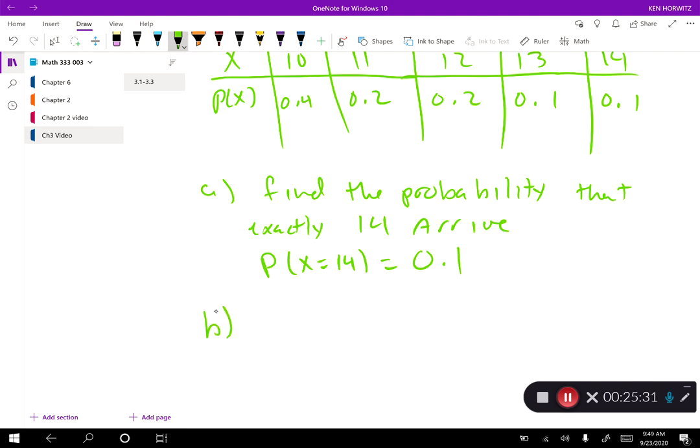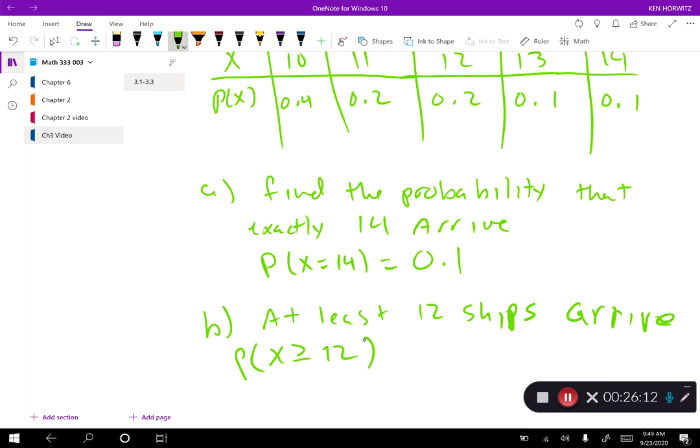All right. B, at least 12 ships arrive. Now again, the setup is probably the hardest part of this, because if I say at least 12 ships, I want to know the probability that x is going to be greater than or equal to 12.